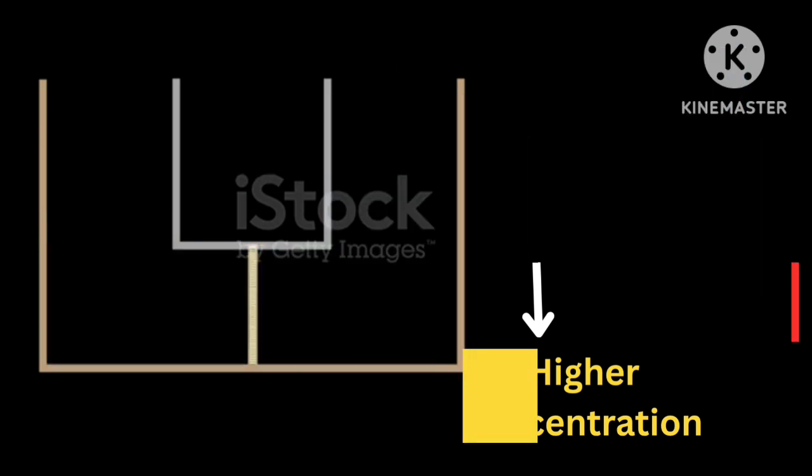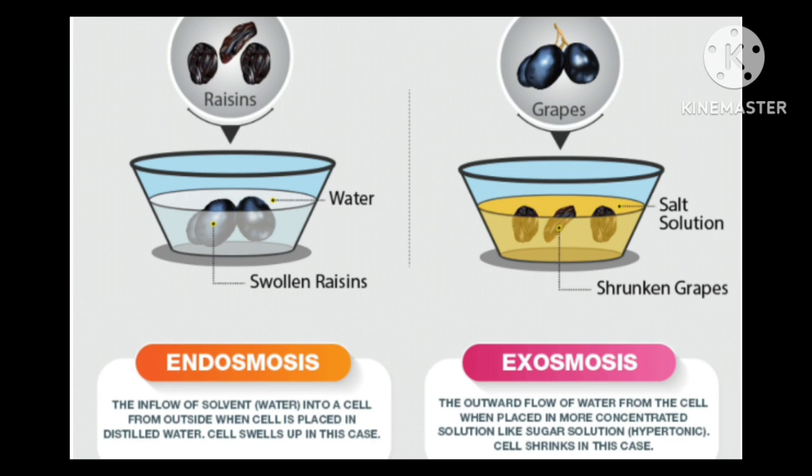Now comes another experiment. So we will do this experiment together. You all know raisins swell in water and grapes shrink in thick syrup. So put some raisins in a bowl containing water and some soft-skinned grapes in another bowl containing thick syrup of salt.